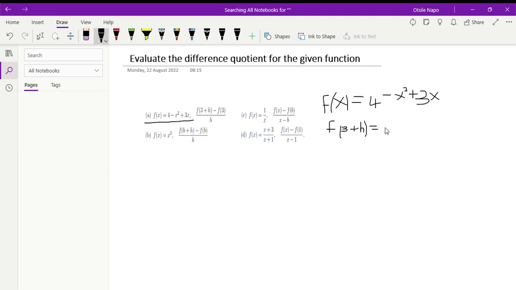We substitute: where we actually see x, we substitute 3 plus h. Sorry, I made a silly mistake.